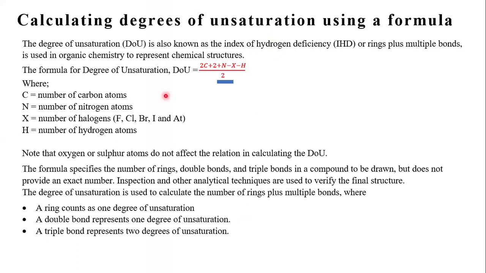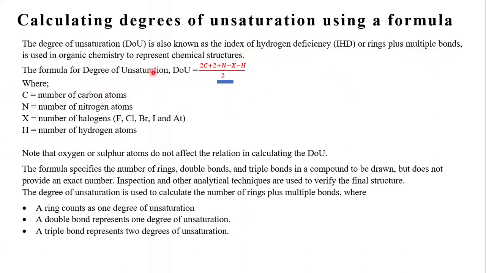Calculating degree of unsaturation using a formula. The degree of unsaturation, DOU, is also known as the index of hydrogen deficiency, IHD, or rings plus multiple bonds. And then it is used in organic chemistry to represent chemical structures.